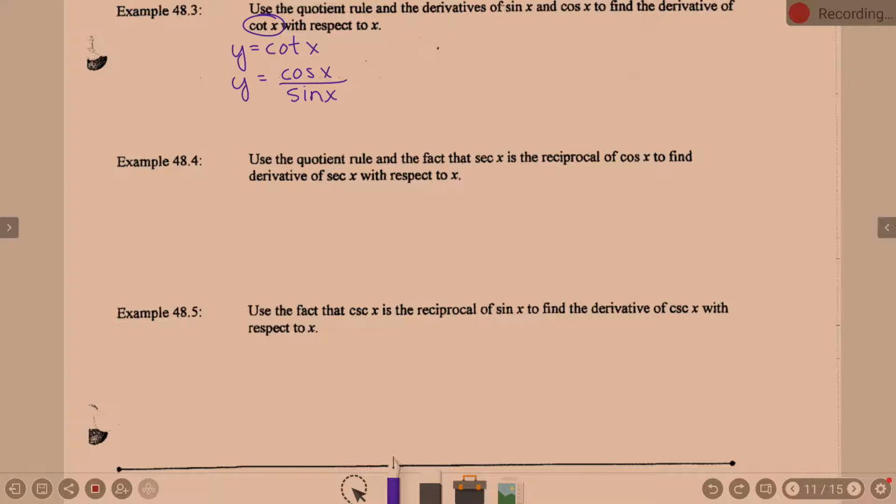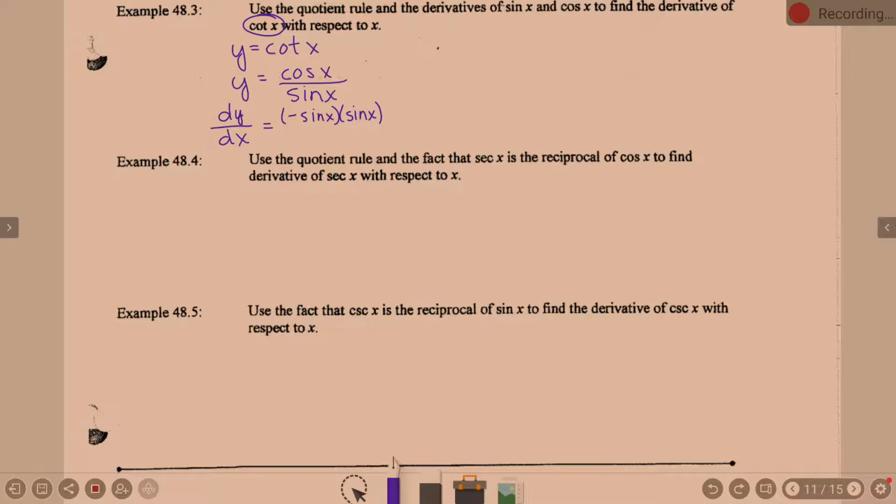We have a quotient now. So we can take the derivative. So the derivative of y is dy/dx. Quotient rule. Derivative of the numerator, so derivative of cosine x, negative sine x, times the denominator of sine x.